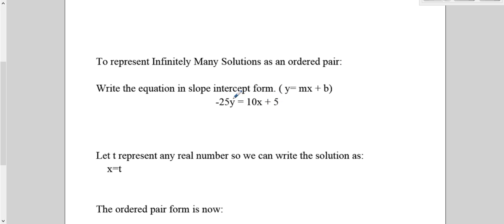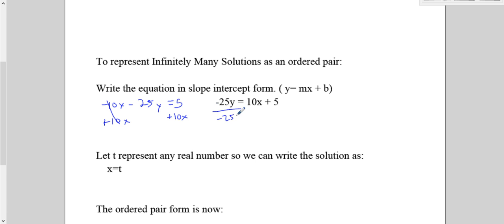Here I'm taking -25y, let's see, -10x minus 25y equals 5. I'm going to add the 10x to both sides, and that gives me -25y equals 10x plus 5.